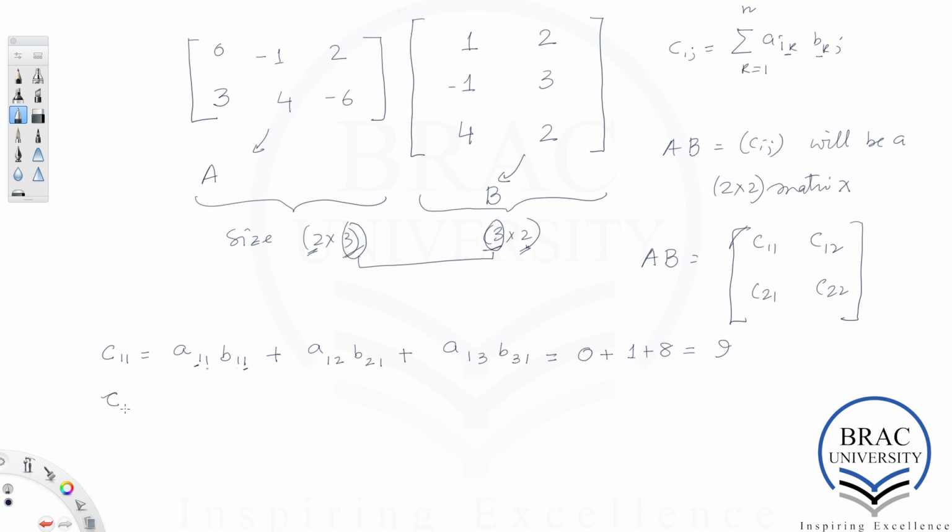Then we find C12. So again, we fix the two far-end indices and change the common variable index, which is the same in these two slots.